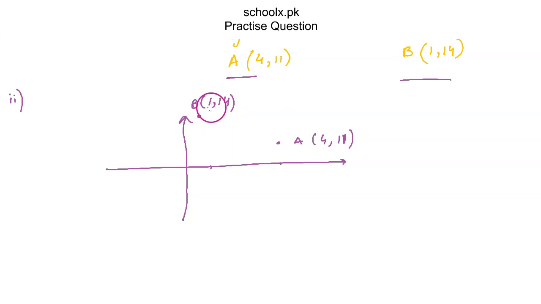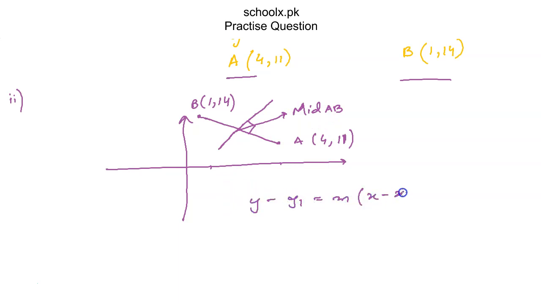Now the line which is joining these two, we need to find the equation of the perpendicular bisector of AB. The perpendicular bisector will intersect the line AB at the midpoint of AB. Now to find the equation of a line, we use this formula.